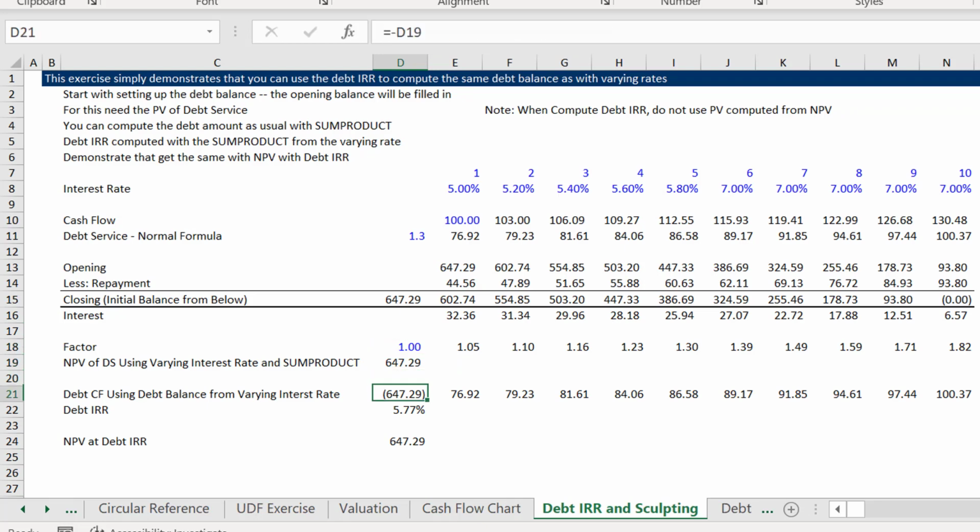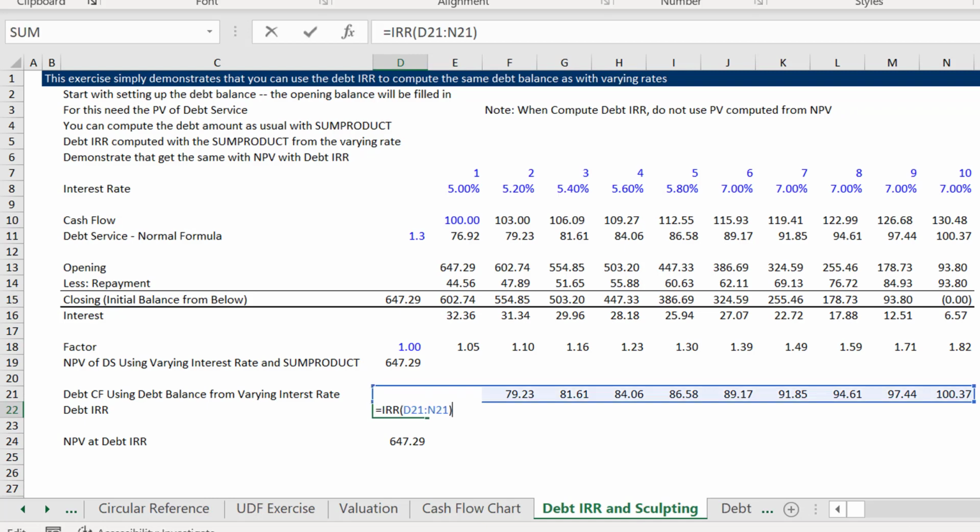Now, if you get this, another way to do this whole thing is to put a minus on the amount of the debt you computed from the varying balance, and then just get the whole debt service from up here, okay? And then you can get the debt IRR. There should be some obvious way to explain this, but the IRR and the NPV kind of produce the same sort of things.